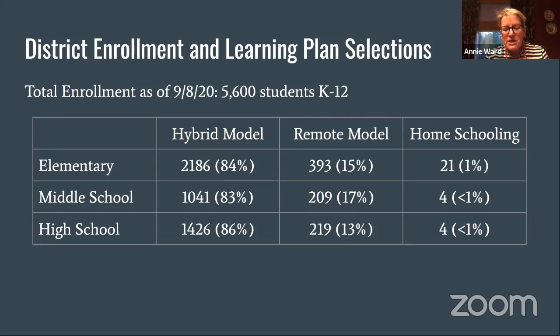And I would say big picture, although we had much higher interest from the interest survey in a full remote, where it has shaken out is somewhere between 13 and 17 with an average of 15% full remote interest. And therefore about an interest of 83 to 86% in the hybrid, and then with the homeschoolers filling out the remainder.